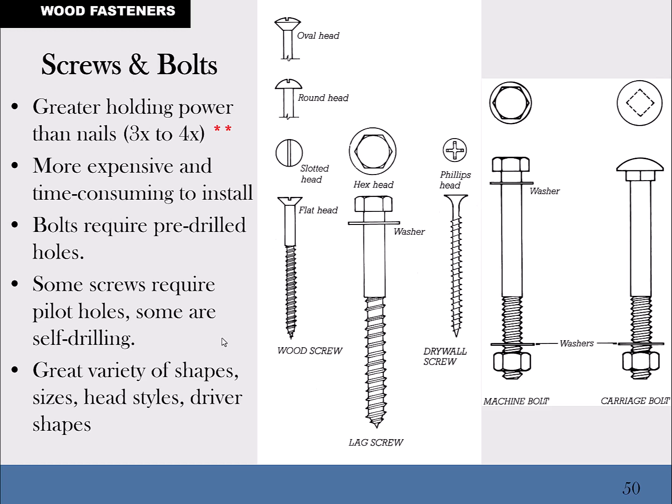Now, if you've got a screw and a nail of the same size, one equivalent to the other in size and shape and diameter, the screw will have 3 to 4 times the holding power. So I know for a fact that a 16 penny nail, a 3.5 inch long nail, has the holding power of about 100 pounds that you can pull straight out in softwood lumber.